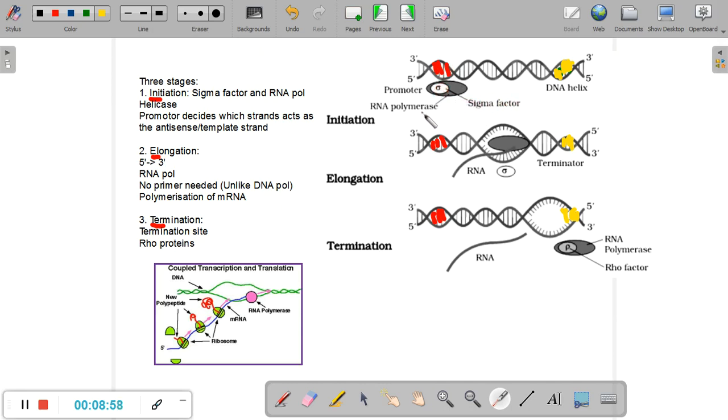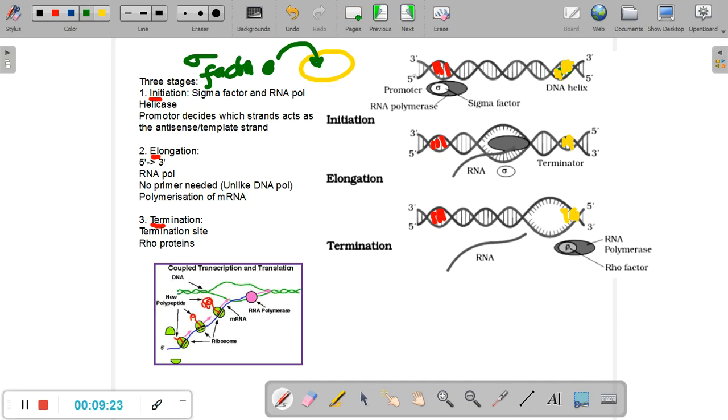The sigma factor temporarily combines or cooperates with the RNA polymerase. So let us say we have the RNA polymerase here, and the RNA polymerase will associate temporarily with a protein called the sigma factor.